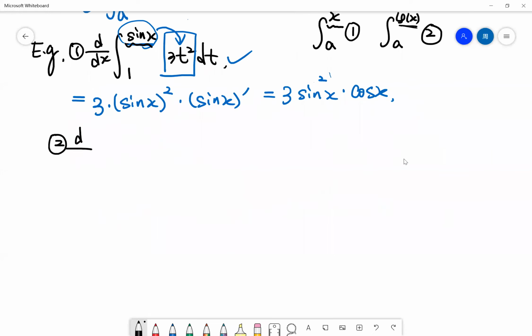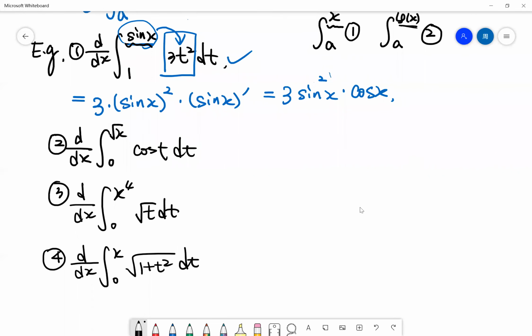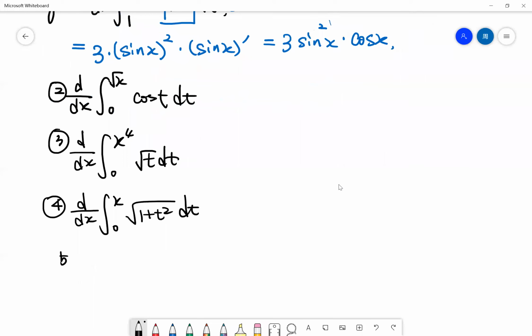The first, so try to solve these 4 questions.